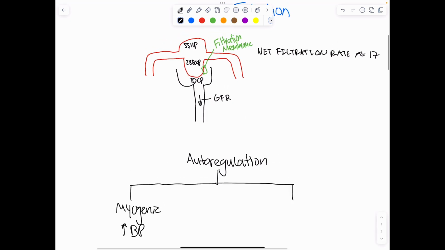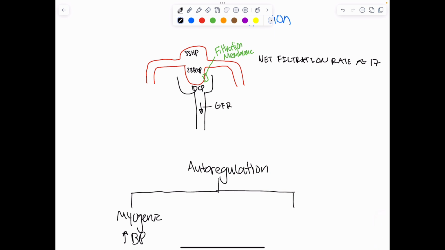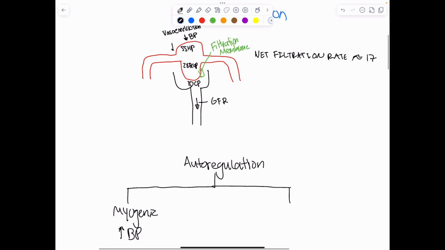One thing I should point out is here, to help maintain the pressure of the kidney, which is super important, let's say it vasoconstricts right here. That is going to decrease our blood pressure. And so now we'll go back to this autoregulation.